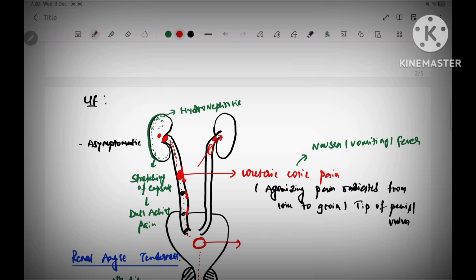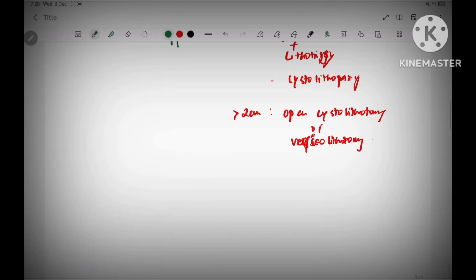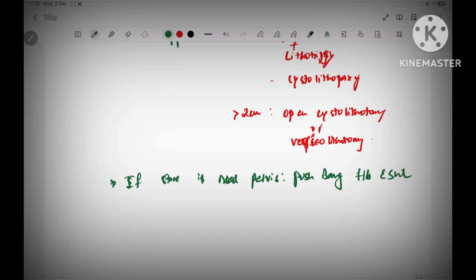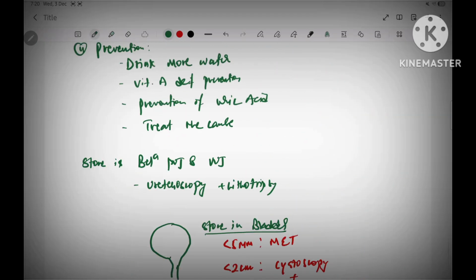So if the stone is near the pelvis, we do push and bang followed by ESWL. So with this the topic of renal stone is completed.